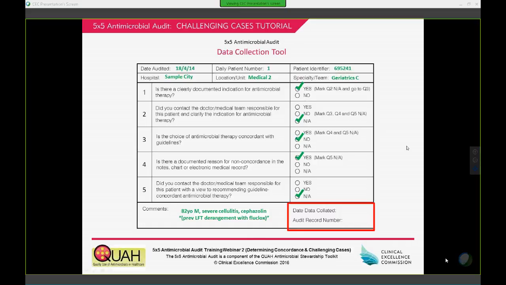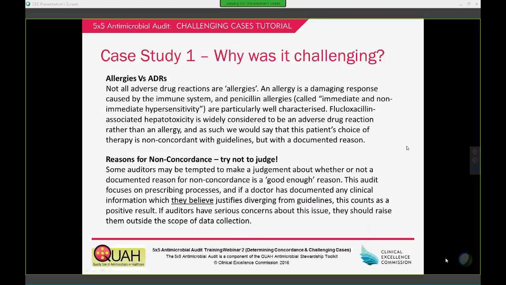So we'll run through why we thought this case could be considered challenging. When it comes to allergies versus adverse drug reactions, not all adverse drug reactions are actually allergies. So most guidelines provide options for penicillin allergies, which we call immediate or non-immediate penicillin hypersensitivities.